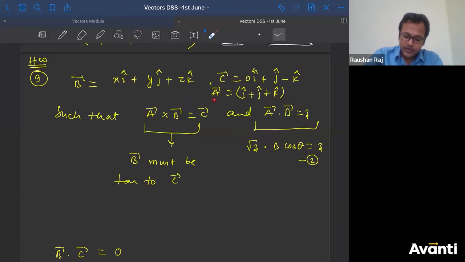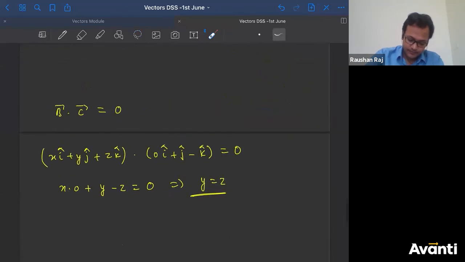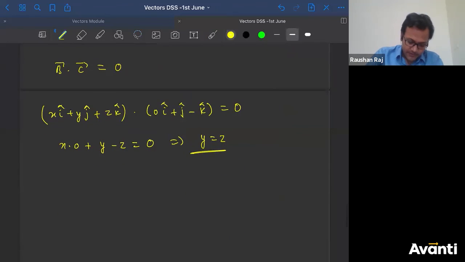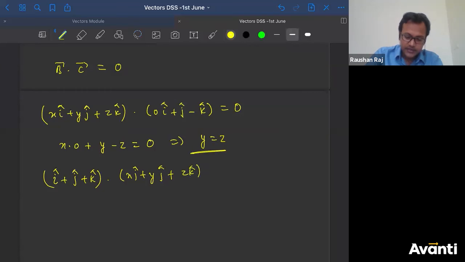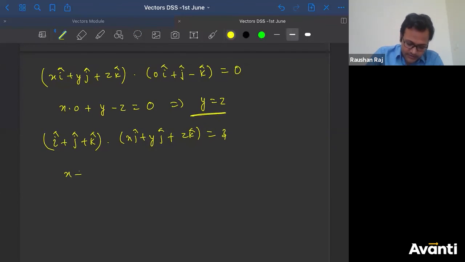Now A dot B must be. What is A? i cap plus j cap plus k cap dot x i cap plus y j cap plus z k cap. This must be x plus y plus z.